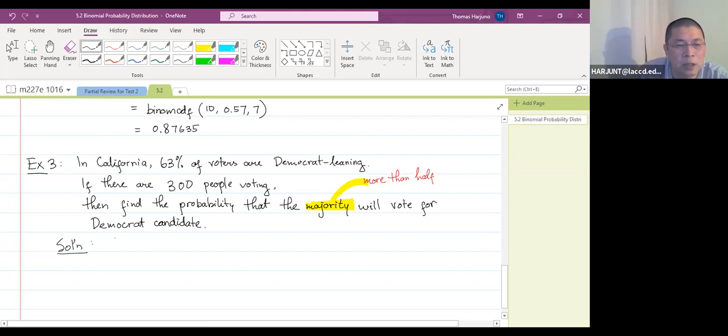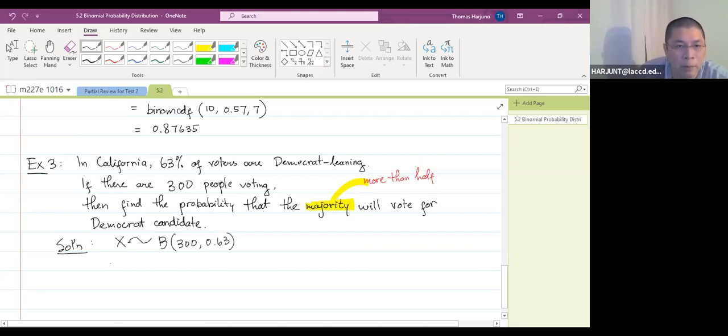Let X be the number of people who will vote for the Democrat candidate. It is binomial. The number of trials is 300. The probability that each voter votes for Democrat is 0.63.